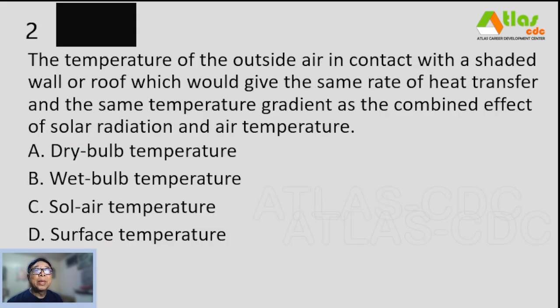Number 2, the temperature of the outside air in contact with a shaded wall or roof, which would give the same rate of heat transfer and the same temperature gradient as the combined effect of solar radiation and air temperature.